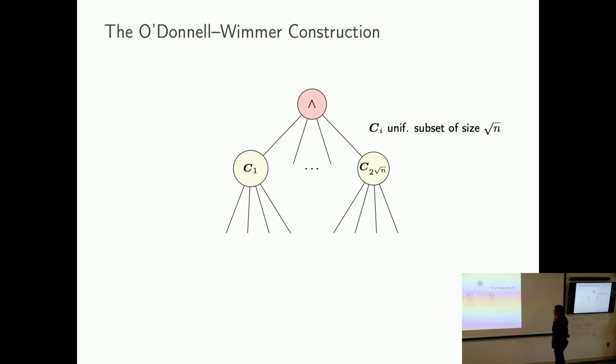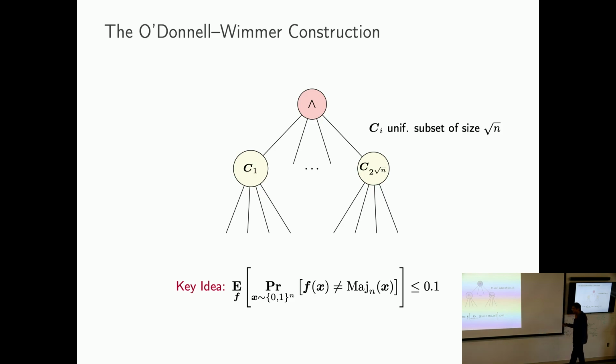And their approximator is the following. They put down 2 to the root n clauses, which are chosen uniformly at random. The width of each clause is root n. A probabilistic analysis tells you that on average, the error of a function drawn this way is at most 0.1.